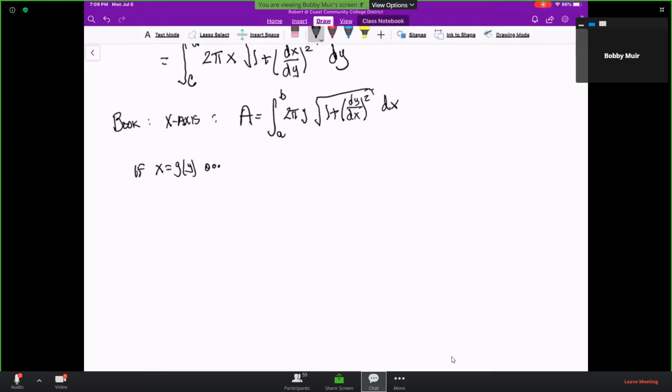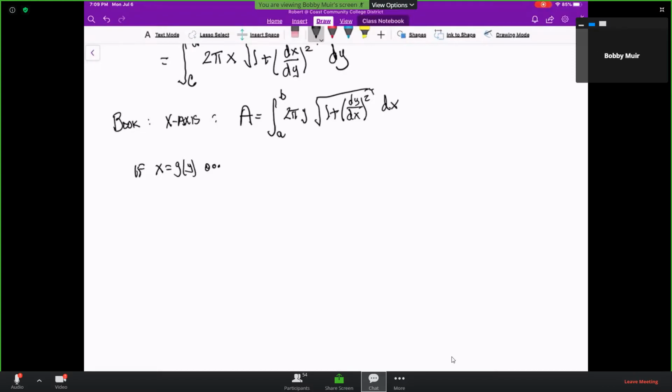Wait a minute. I have edition 7 out here. I want to get the edition that I like. Okay. He writes something down that's kind of confusing in older versions of the book.